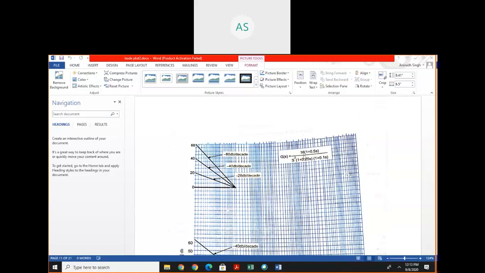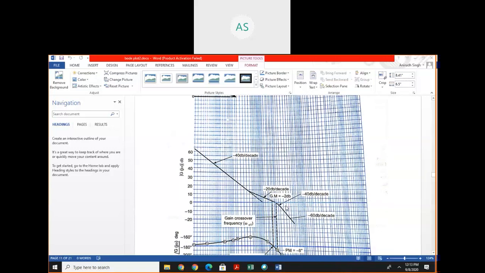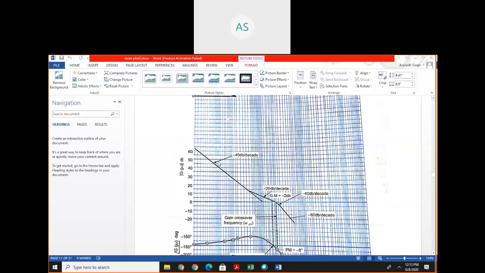So omega is 4 radians per second, and from 4 radians per second we draw a line of minus 40 dB per decade, and the first corner frequency is 2 radians per second.